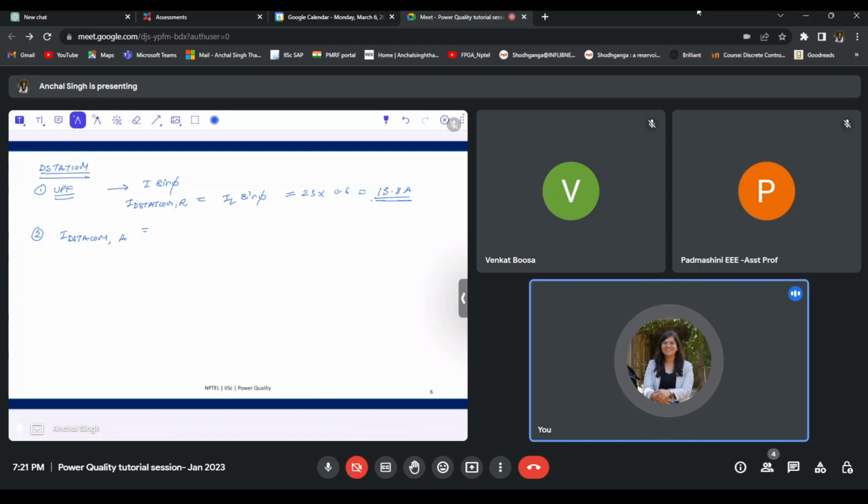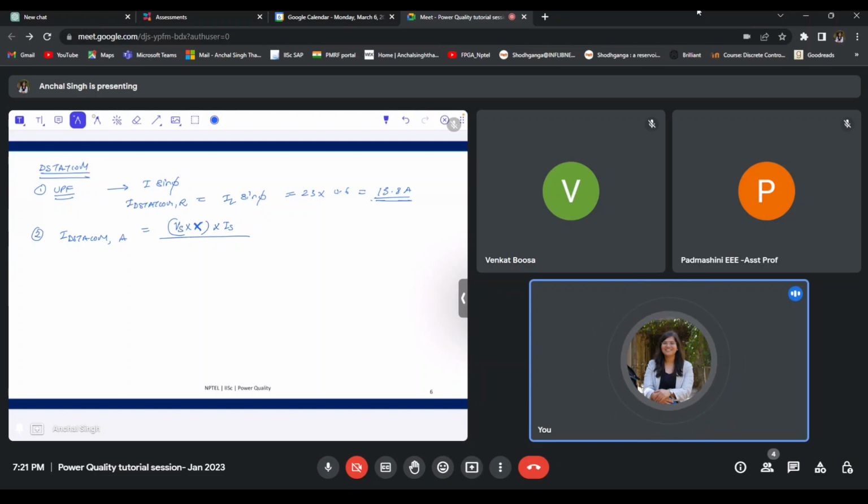So the DVR rating is Vs into X. Since my voltage sag is 20%, the voltage rating of the DVR will be Vs times X, 20% of the 230 volts, and into Is. So this is the power rating of the DVR.